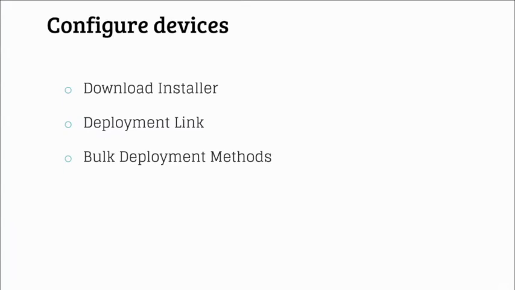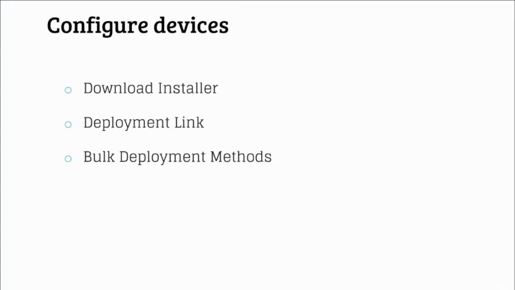It's quite impossible for you to sit behind each and every computer and download and install manually. Even with a deployment link, the person on those computers will have to click on the link on each computer, download it manually, and execute it. So it makes the work even harder. It's heavy for the person at the remote end to get all these computers configured for unattended access. That's when we use a bulk deployment method.